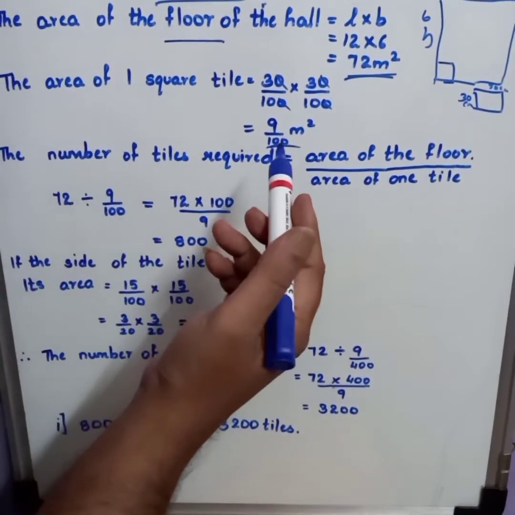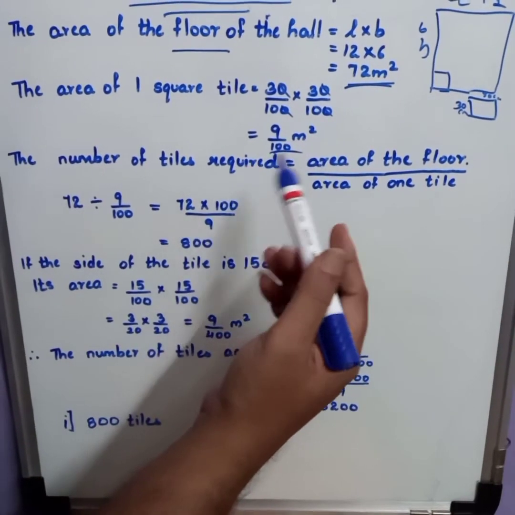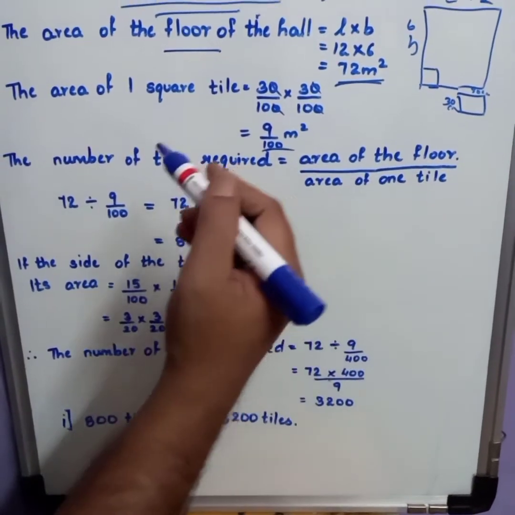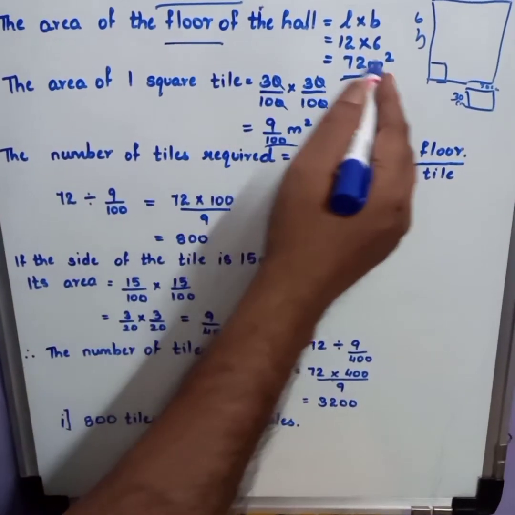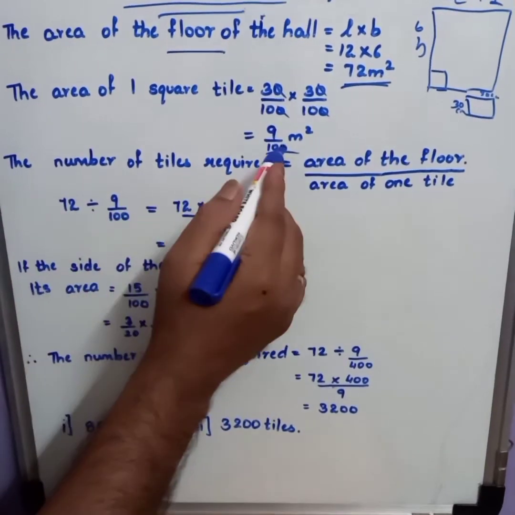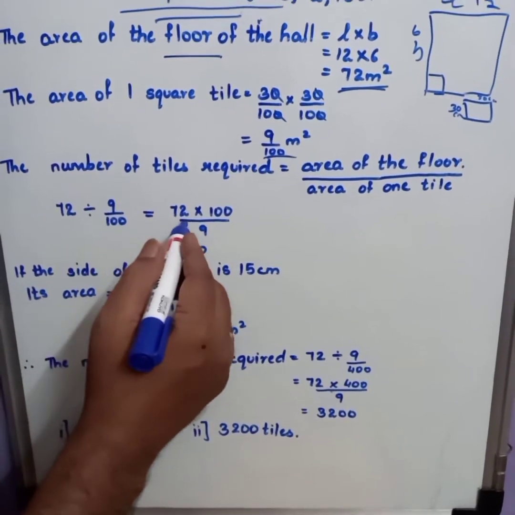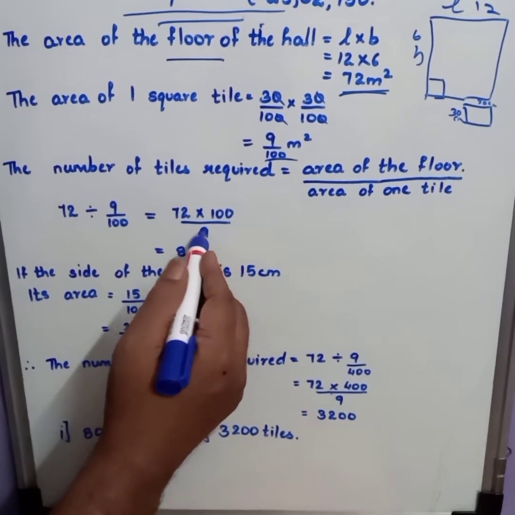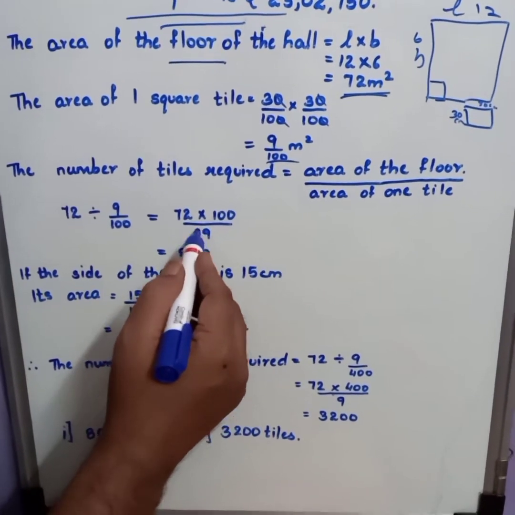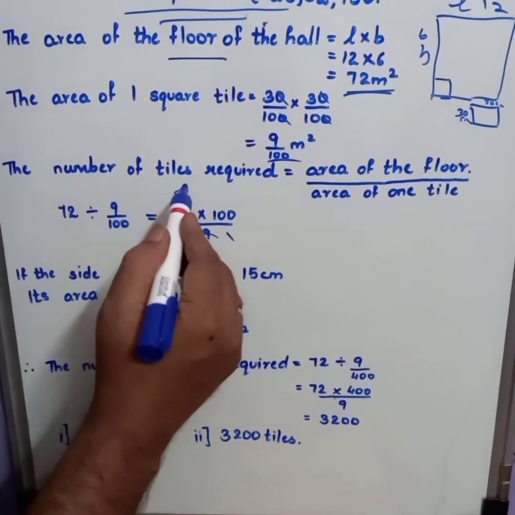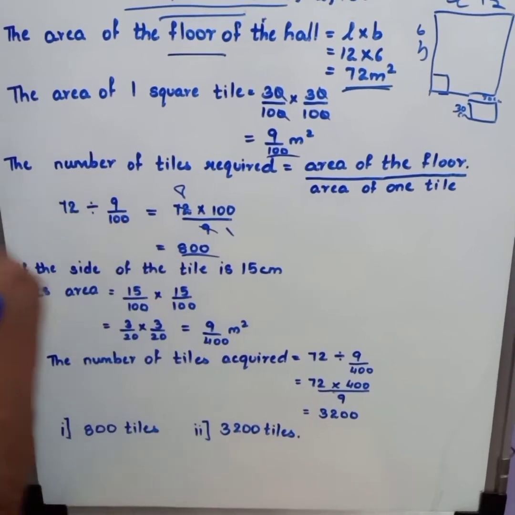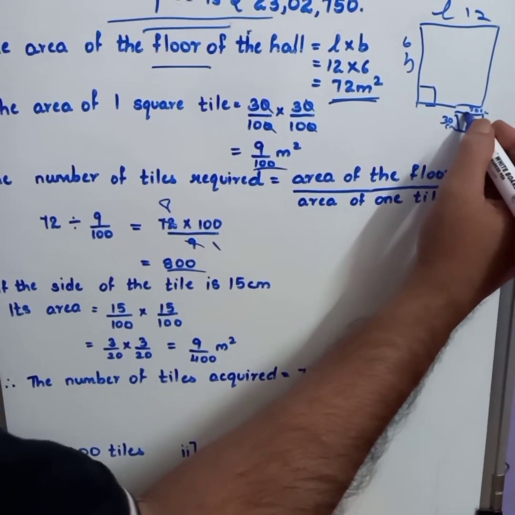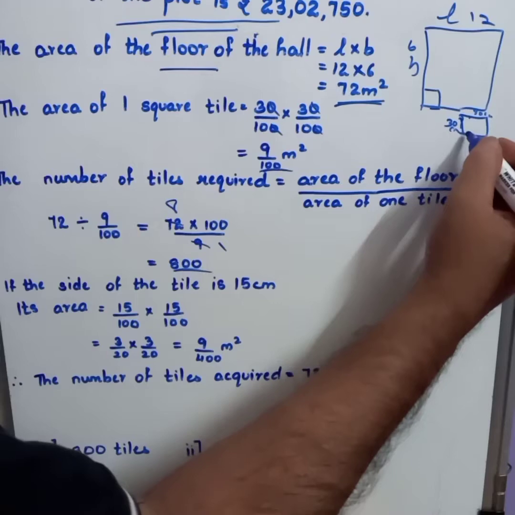Now how to find how many tiles are required? We need to divide the area of the floor by the area of one tile. So that is 72 divided by 9 upon 100. While doing this, we take the reciprocal, 72 into 100 upon 9. It comes up to 9 ones are 9 and 72 eights are. So 800 tiles we require if the tile is 30 centimeters side.